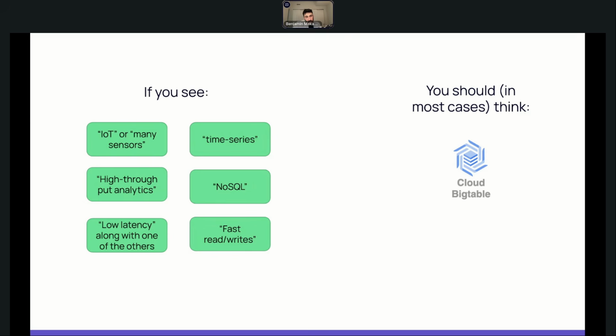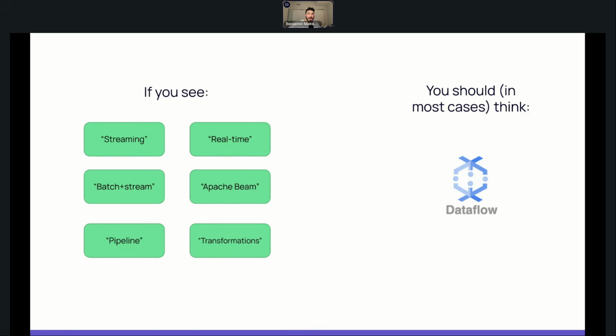Similar to high throughput analytics, although throughput and latency are not exactly related. High throughput does not necessarily mean the exact same thing as low latency, though they often go together. And so, low latency in a question with one of these other terms is very likely to indicate Cloud Bigtable as well. So that is number two.